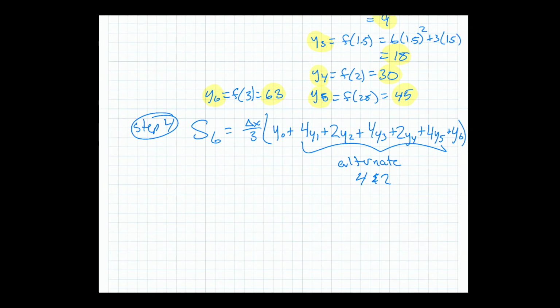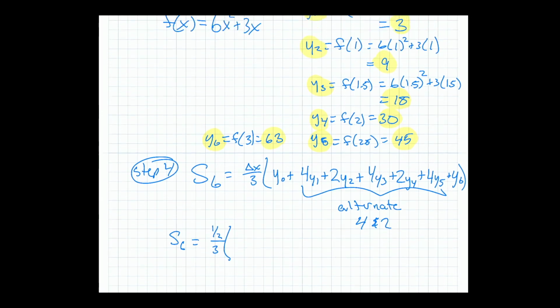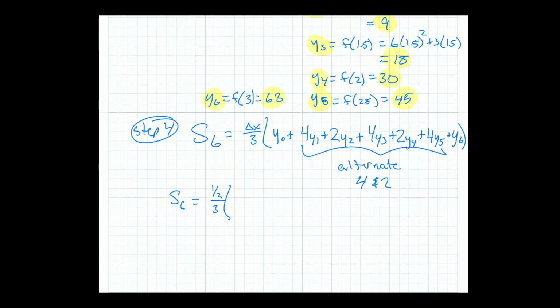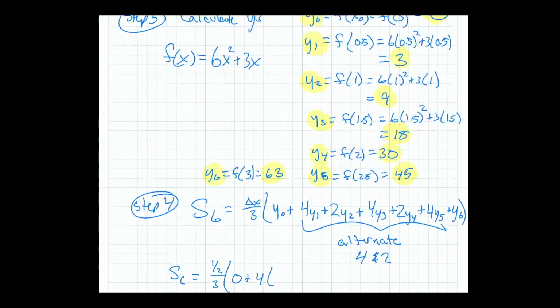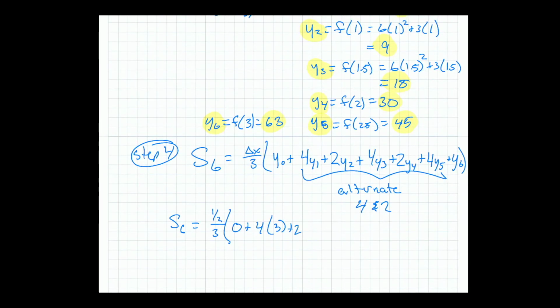So what do we have? S6 is delta x, which was 1/2, over 3. And then you just put in your y values. First one 0, 4 times 3, 2 times 9, 4 times 18, 2 times 30, 4 times 45, and then plus 63.